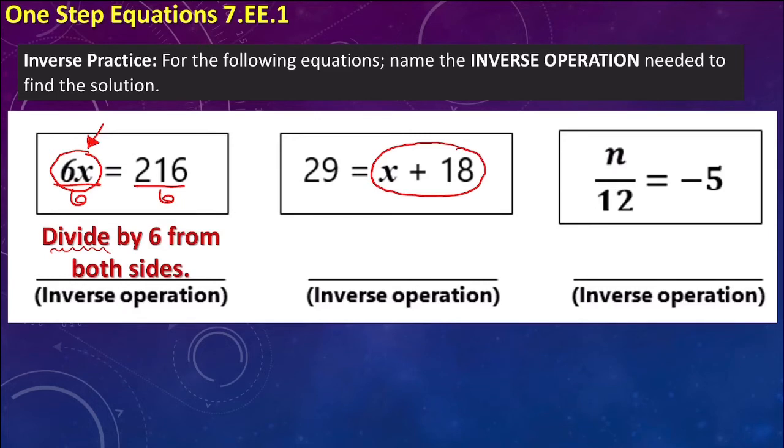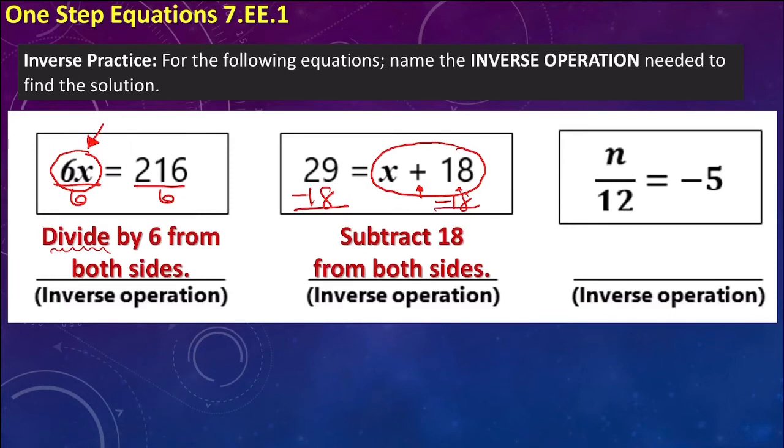Okay, in this next example right here, look at the variable side, focus in on that variable side first, and notice it's x plus 18. Now the 18 is positive, it's got a plus sign there. So the inverse operation in this example is going to be to subtract. So the inverse operation is subtract 18 from both sides. Now I'm not really interested in doing the math here, but I just want to show you that you can take 18 away from both sides.